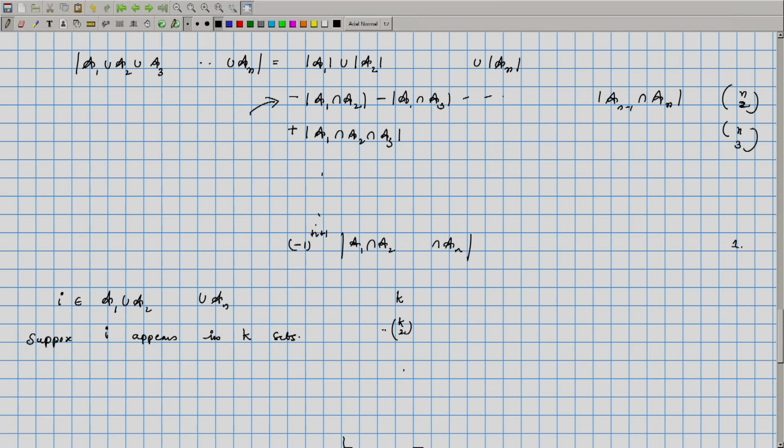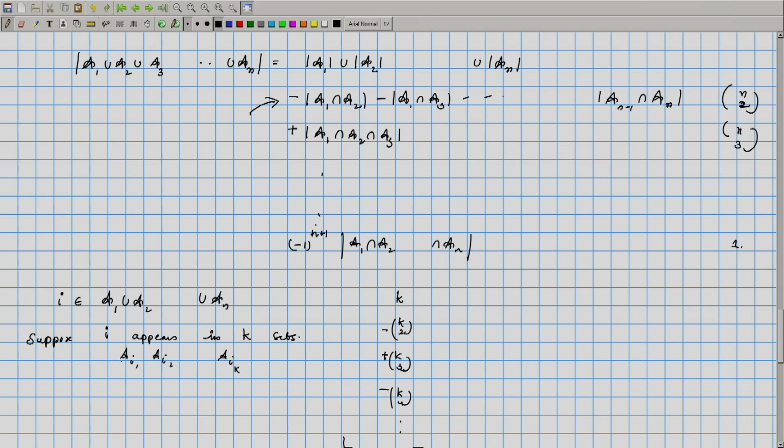So, k minus k choose 2 plus k choose 3 minus k choose 4 and so on. Because you take any subset of these sets, so let us say i appears in A_i1, A_i2 up to A_ik.